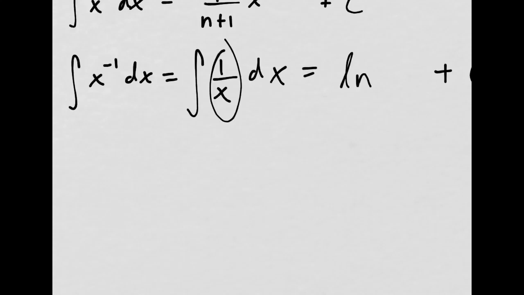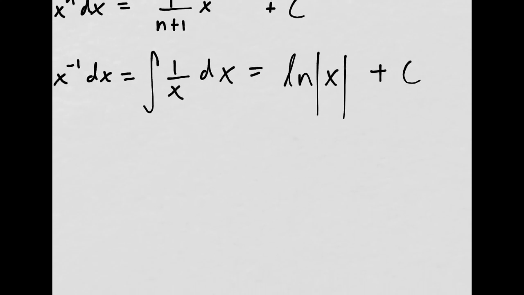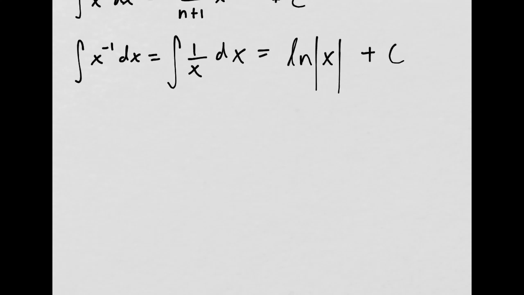Here, we're allowed to plug in negative x's, but as soon as we go back to the natural log, it can't accept negative numbers. So what you have to do to remedy this is make it the absolute value. Why is that? Because we are allowed to plug in negatives here.